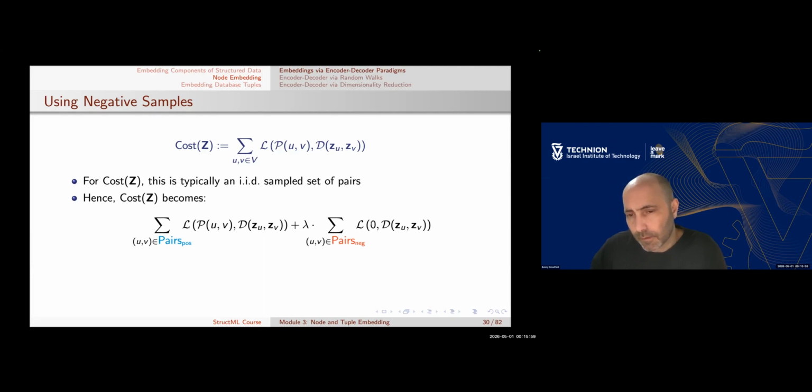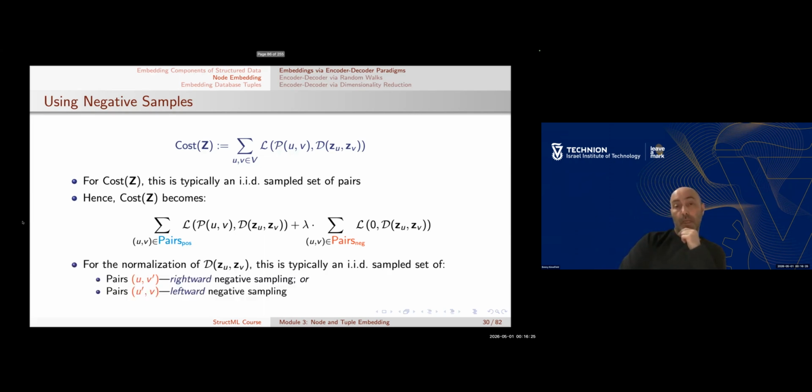And see here it is basically the value zero because the proximity is zero, and we use D over ZU and ZV. Okay, and we also multiply it by this lambda because it is just a sample. So we want to accommodate the fact that we're looking at just a subset of the nodes. So we scale it by this lambda. Okay, so that's regarding the cost.